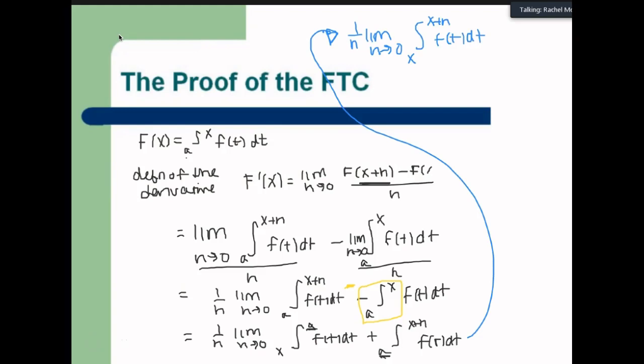What does that 1 over h kind of remind you of, from the other day? What does that represent? See how it's b minus a? X plus h minus x gives you h. So that makes this kind of look like an average value.